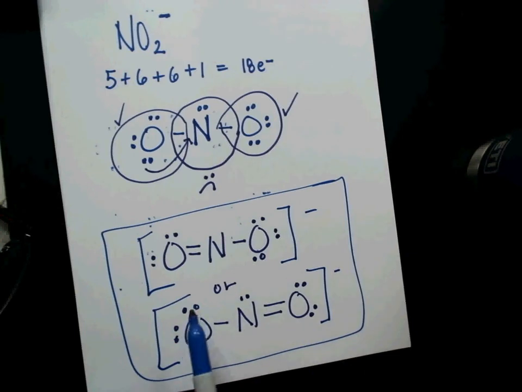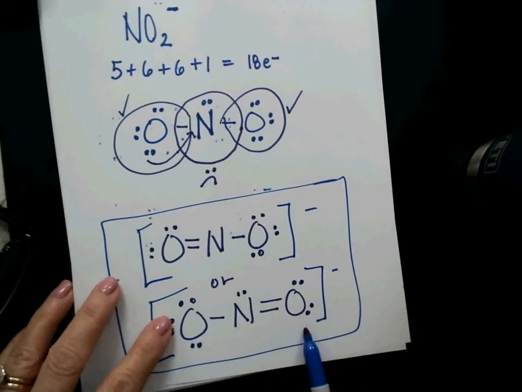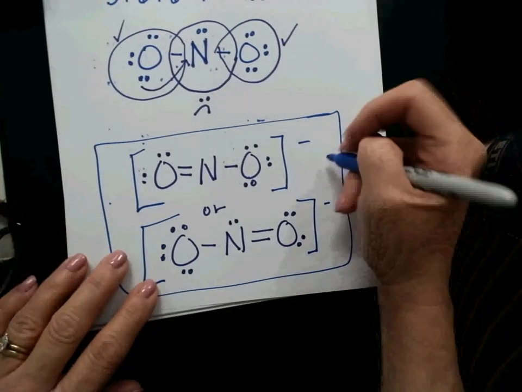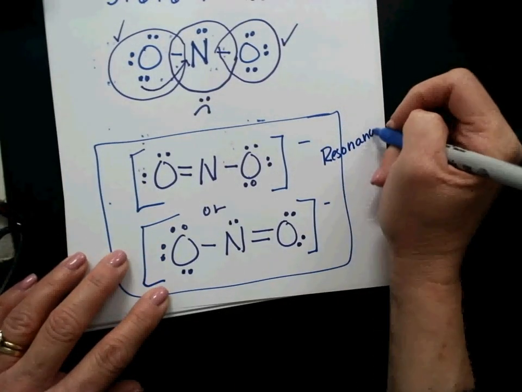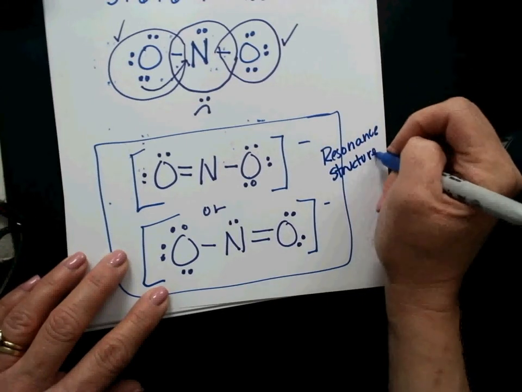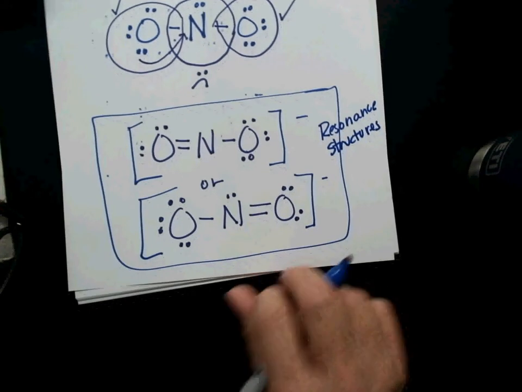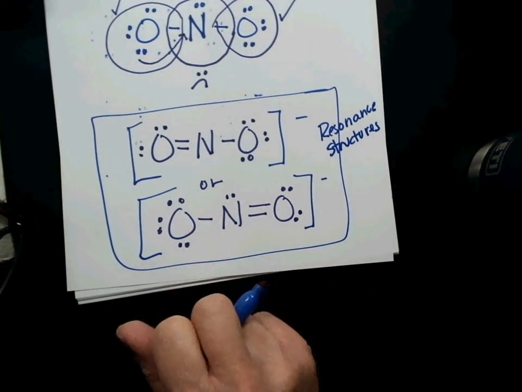Did you get one of those too? Yeah? Awesome. Now, do you see what I did here? Some of you have it this way? Did some of you have it this way? Okay. These things are called resonance structures.